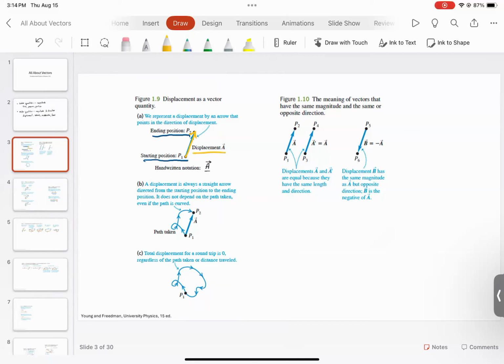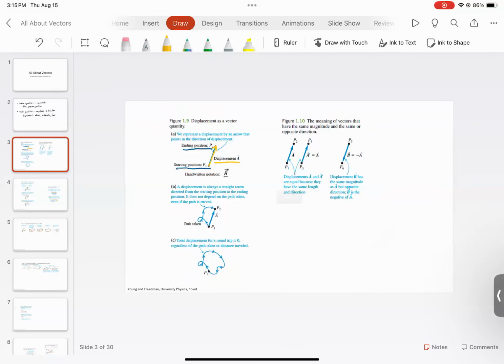So the length of the arrow describes yung magnitude ng vector, and yung orientation kung saan nakaturo yung arrow describes yung direction. So this arrow represents the magnitude of displacement and the direction of the displacement. Note that when we describe vector quantities such as in this example, hindi nagmamatter kung ano yung path na tinake nung object.